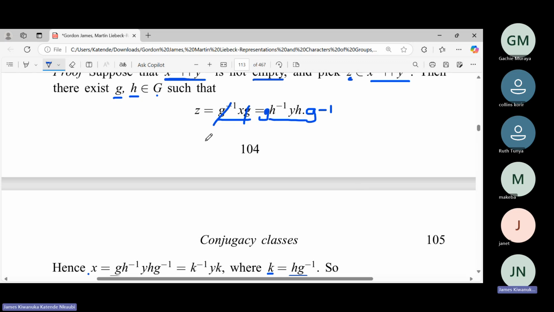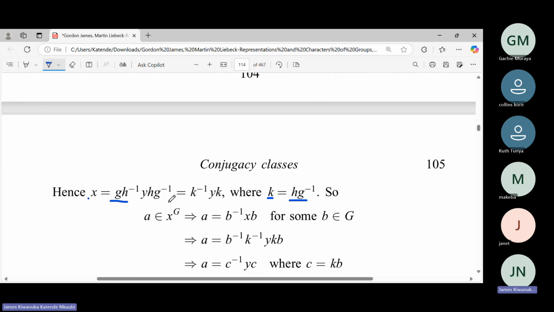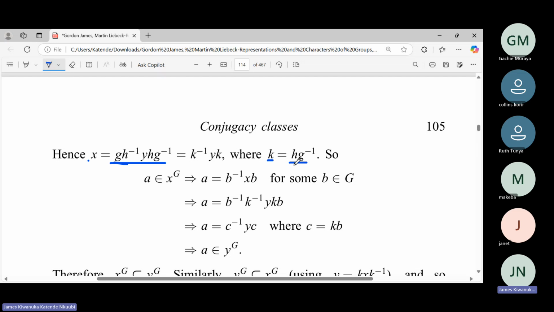If you multiply by G you lose the G, and if you multiply by G inverse on that side, you're only left with X on this side. So that's how we get this expression. Now, with K equal to HG inverse, we can write X is equal to K inverse YK. In which case X will be conjugate to Y.